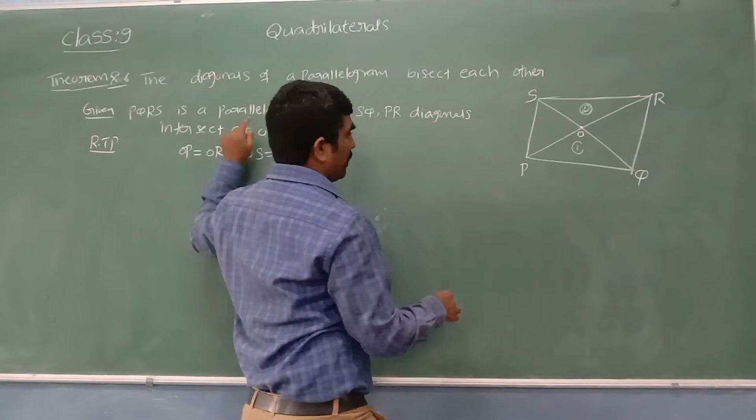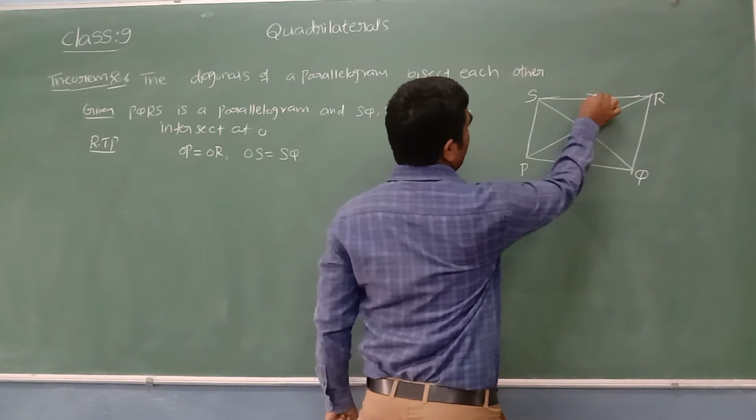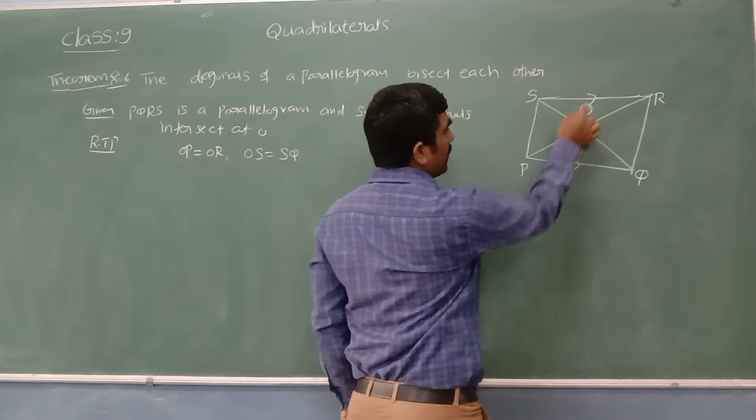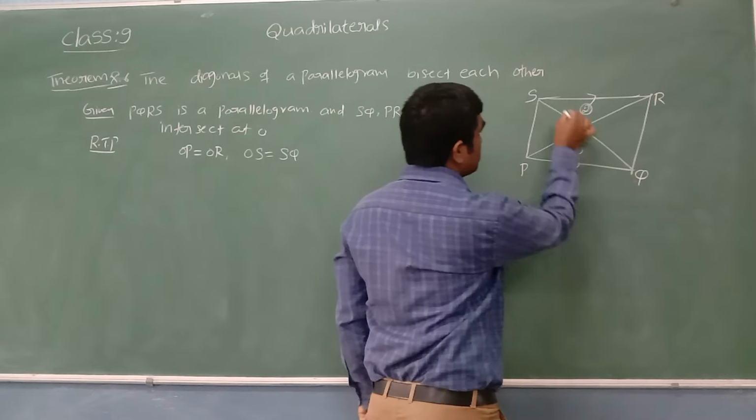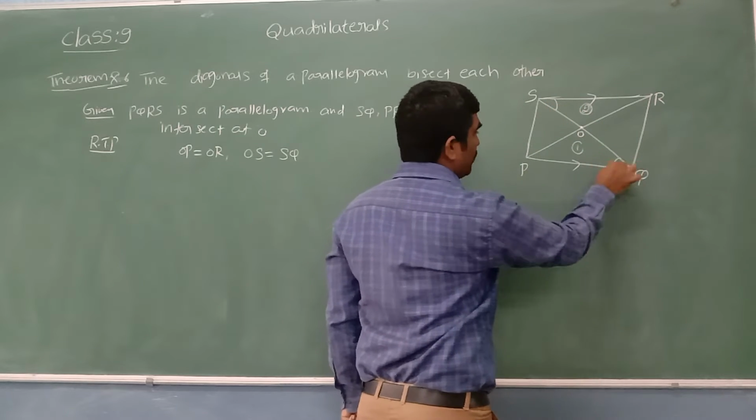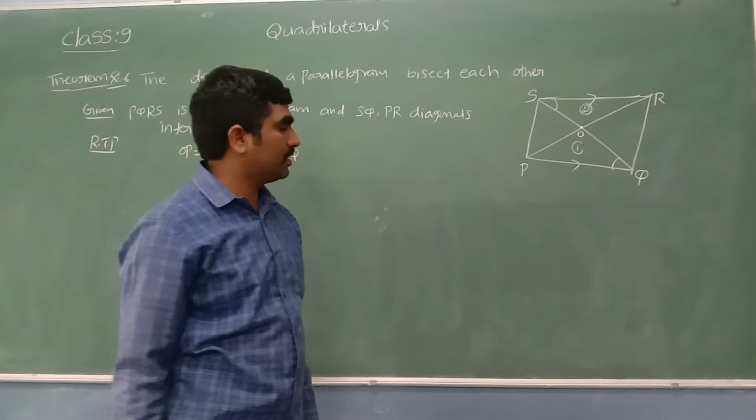We already know that it is a parallelogram. So PQ is parallel to SR. When PQ is parallel to SR, SQ is called a transversal. When SQ is a transversal, both of these angles are equal. They are alternate interior angles.